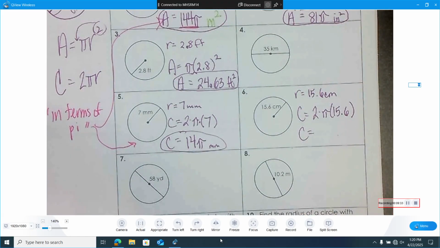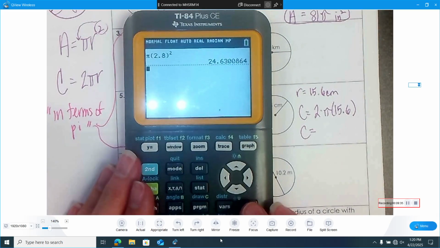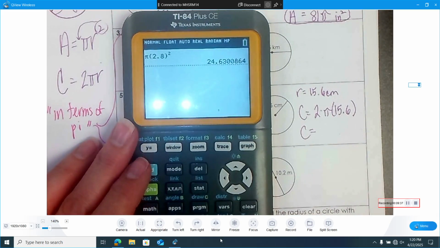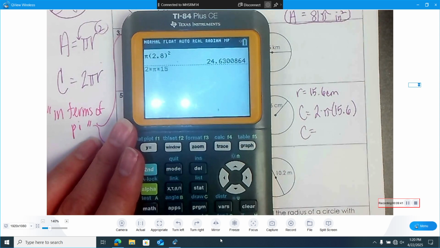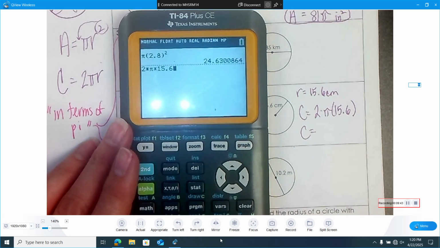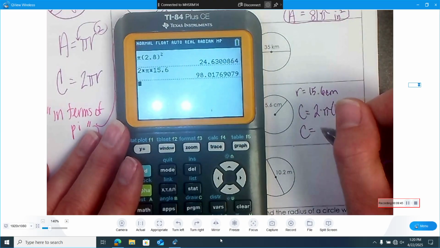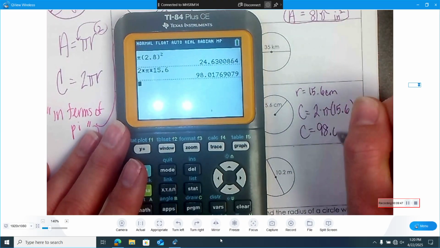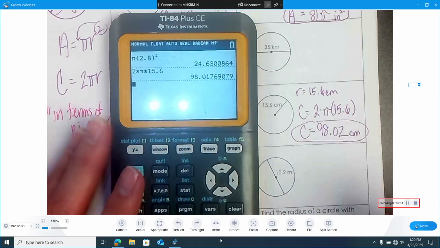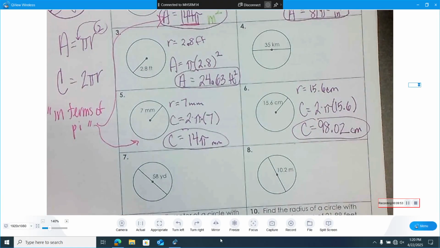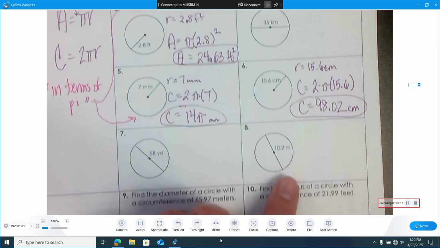So this is how we typically do things in math. If it starts in a decimal, it can end in a decimal. So 2 times pi times 15.6 would be 98.02 centimeters. Let's look at number 8.